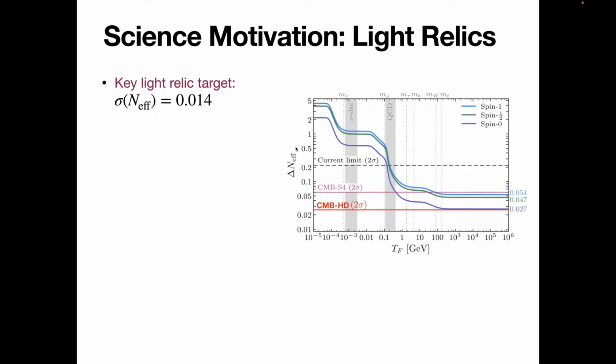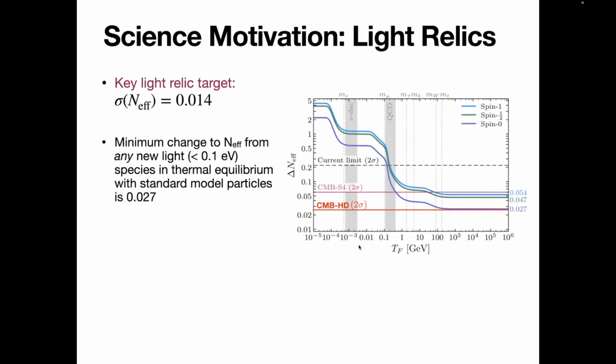This plot is N effective, the number of light relativistic species. And what these colored curves are showing you is the minimum change expected to the standard model N effective from any new light particles that were in thermal equilibrium with standard model particles.